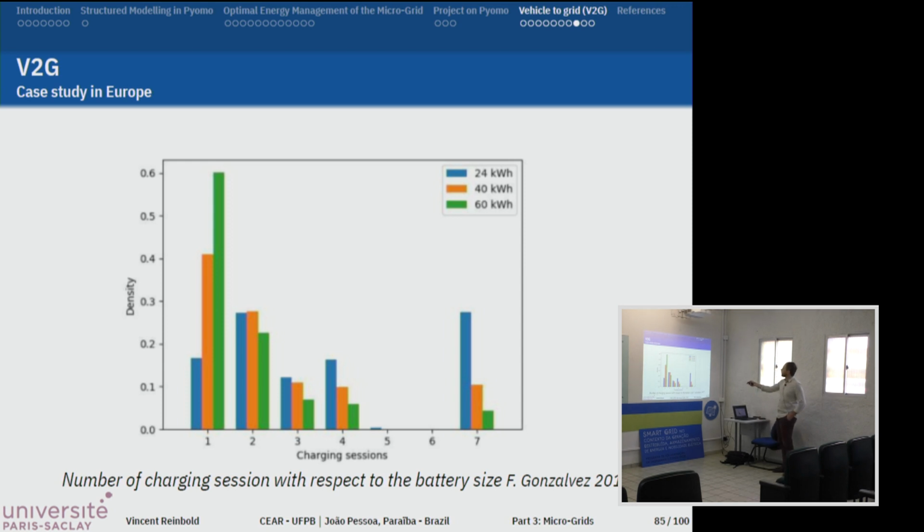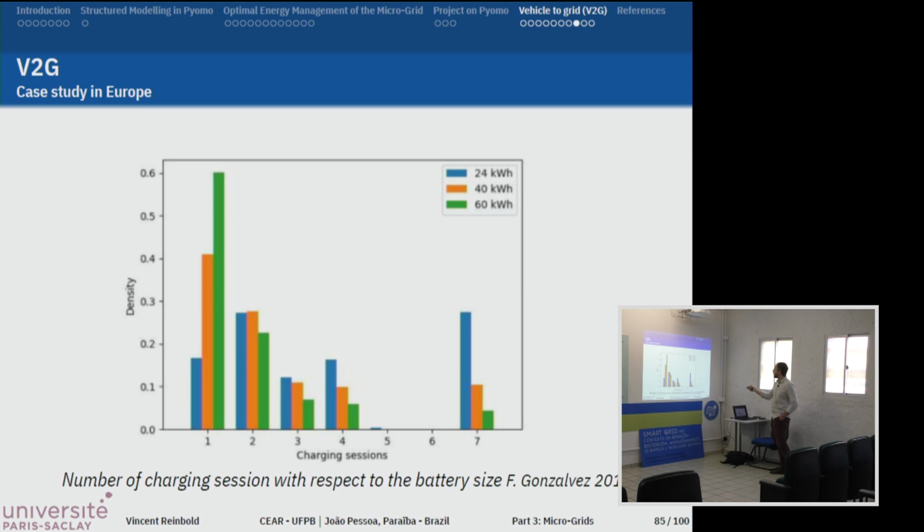Small batteries, typically in blue, so it's small Clio, or I don't know about the electrical vehicle in Brazil, but those are quite small. They need to charge every day in the week, because basically when they do a one-way trip, they have to charge when they come back.